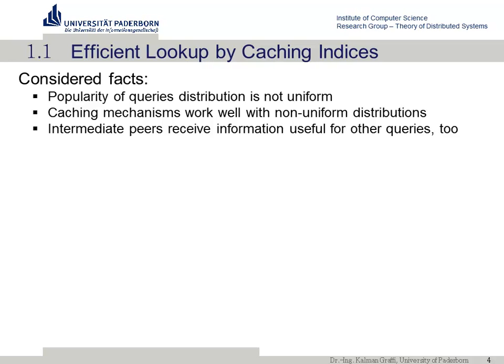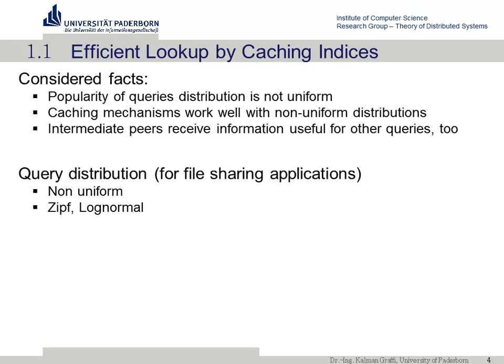If we have this non-uniform distribution, with variance, the stronger the variance is, the better for caching. What caching basically does is reuse the information about queries that we already answered. If there's, for example, a query for a popular object, it can be assumed that it will also be popular later, so the answer could be cached, and quicker replies are possible.